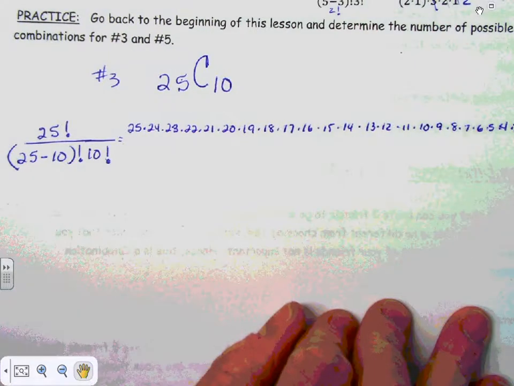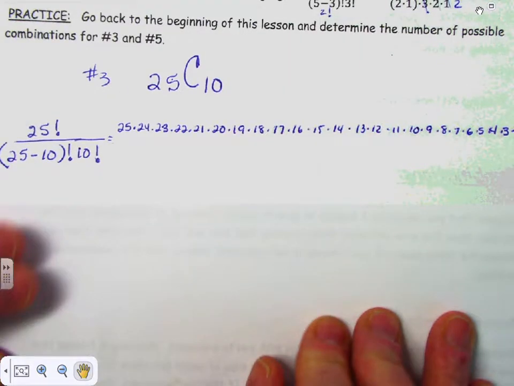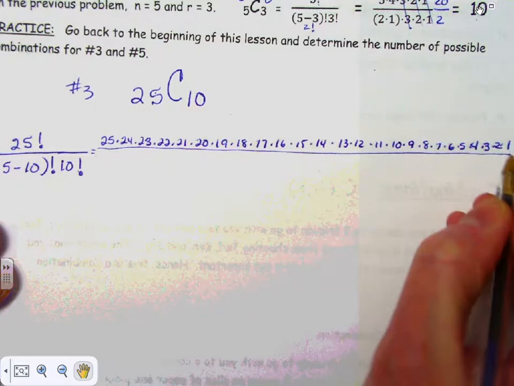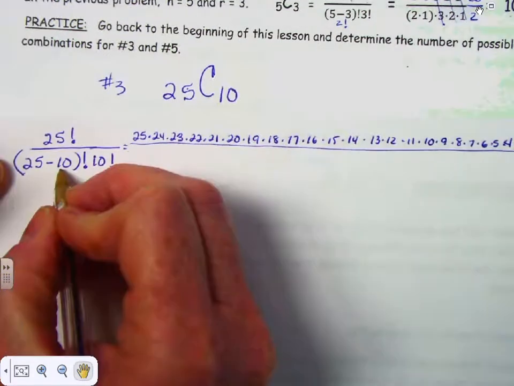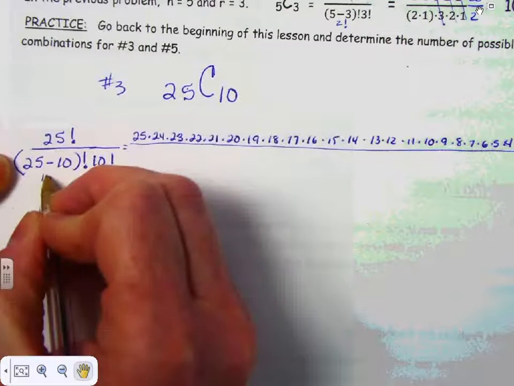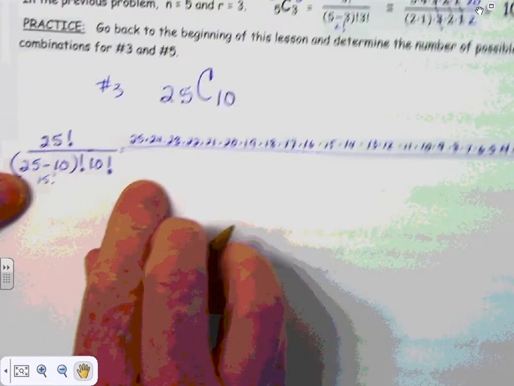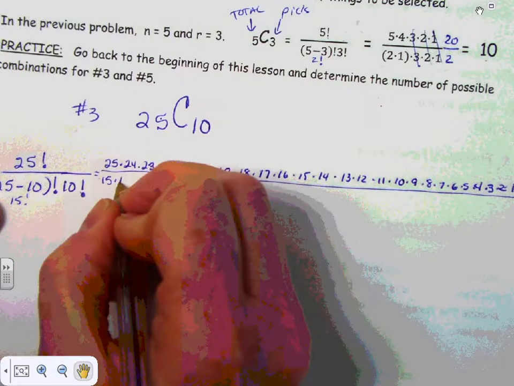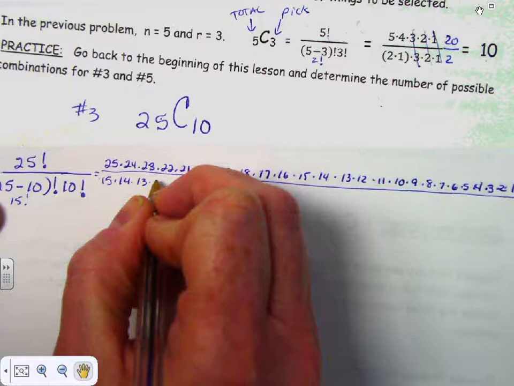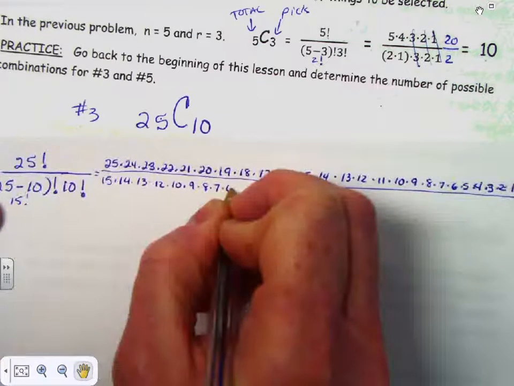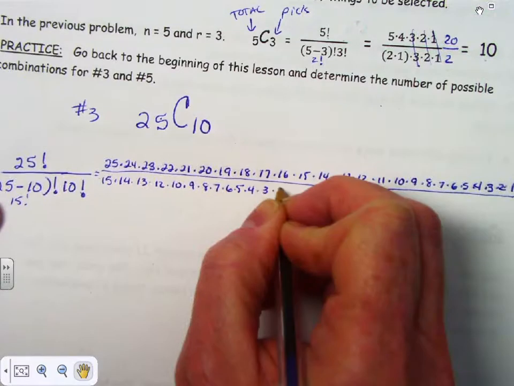Okay, well, we're not done yet. Y'all stopped me before we got done. So that's just the numerator. Now let's look at the bottom. What's 25 take away 10? Now 15. So I have a 15 factorial, so I'm going to go 15, 14, 13, 12, 11, 10, 9, 8, 7, 6, 5, 4, 3, 2, 1.